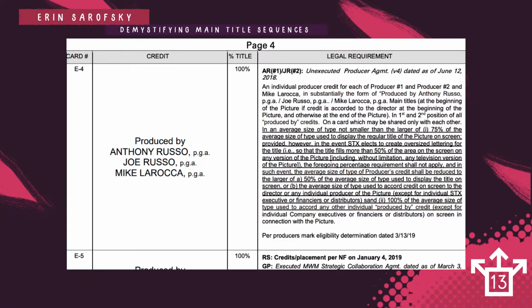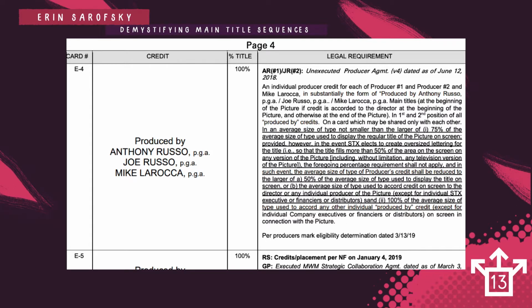So when we're laying out type and we're doing all the granular work that goes into a title sequence, it's a lot more than just making things look beautiful and flow right. They literally count every frame type is on screen, and that is compared to everybody else's name. So you can see here, it can't be less than 75% the size of the average title.